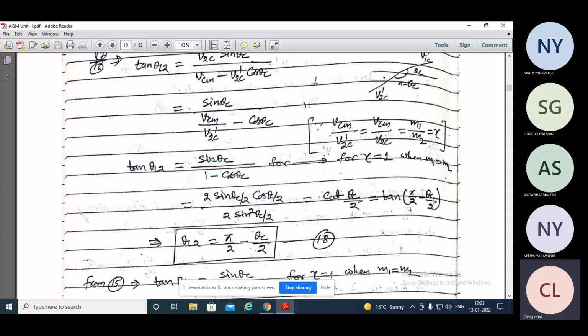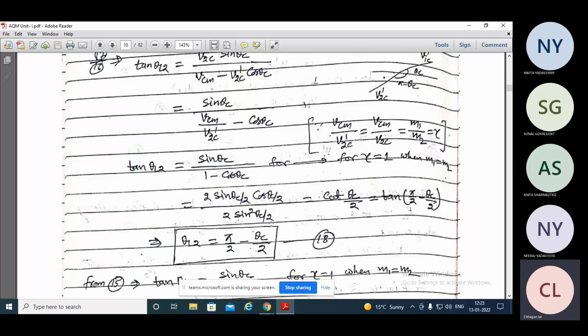So you can expand sin theta C by this equation: sin theta C equals 2 sin theta C by 2 cos theta C by 2. And 1 minus the cos theta C expands into 2 sin square theta C by 2.